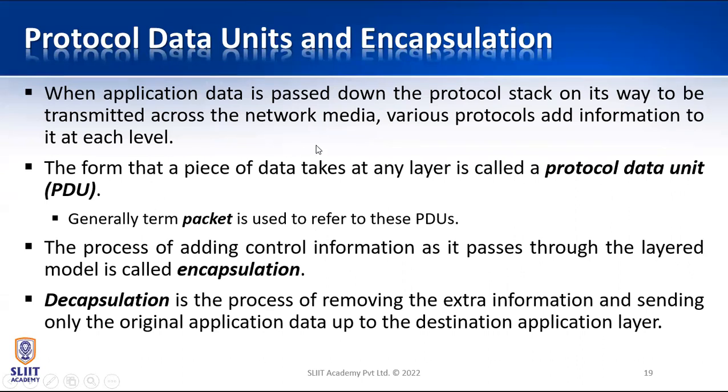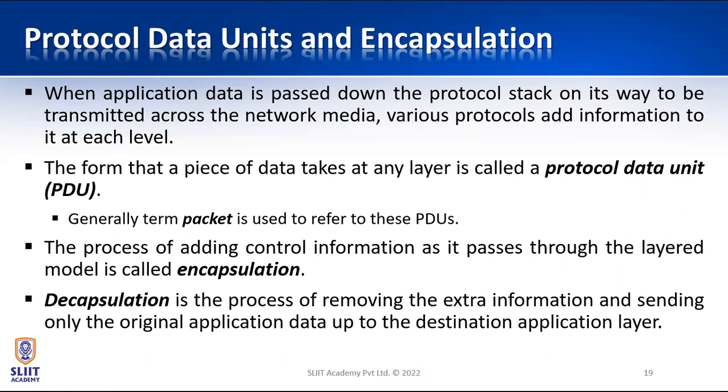When application data is passed down the protocol stack on its way to be transmitted across the network media, various protocols add information to it at each level. So every layer will add some information, right? We are adding some control information, as I told you.